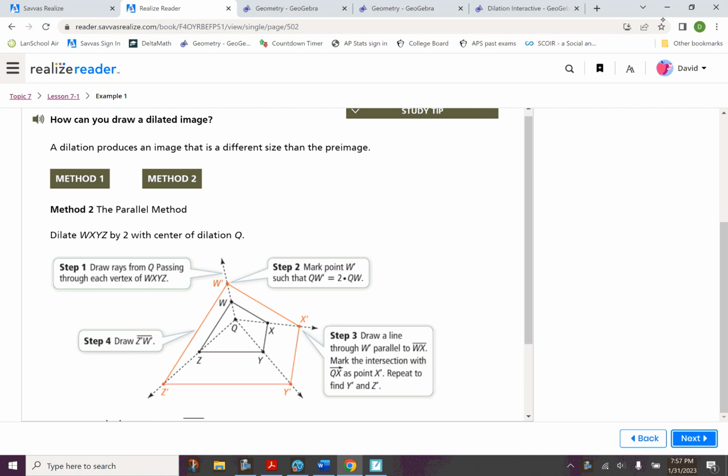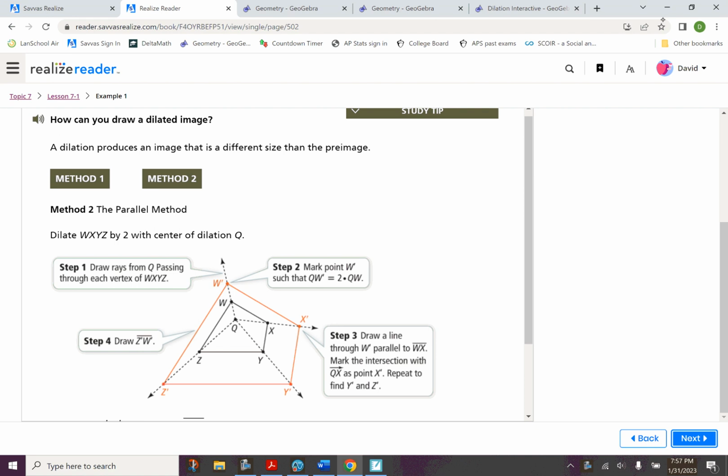And then one last time through Y prime, parallel to segment YZ, where that intersects ray QZ, that'll tell us the location of Z prime. And then you just connect the dots from Z prime back to W prime, and there's the figure.